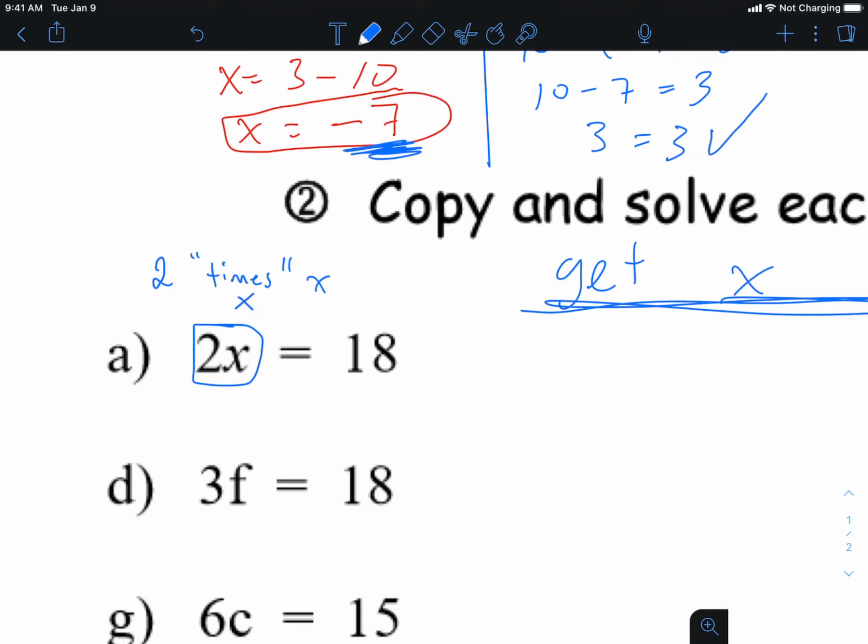How do I arrive at it? If this is multiplied, here's what I'm going to do. I'm going to divide by 2. If I divide by 2 on one side, I have to divide by 2 on the other. I'm going to show you something.